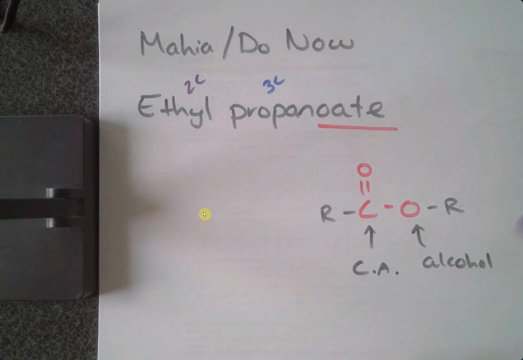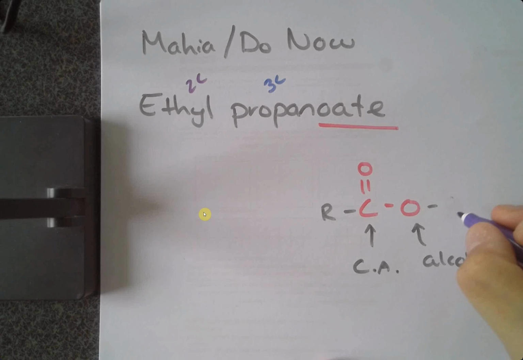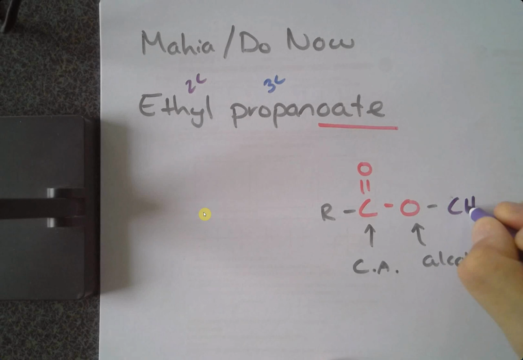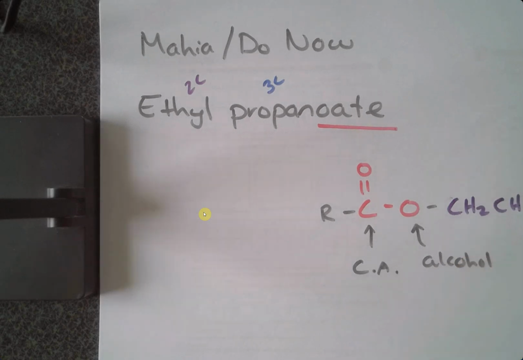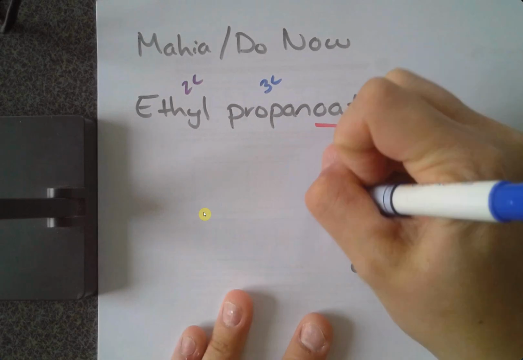So what that tells me is that on this side here is where I'm putting the 2 carbon chain, and then on the left-hand side, I'm putting the carboxylic acid part of the chain.